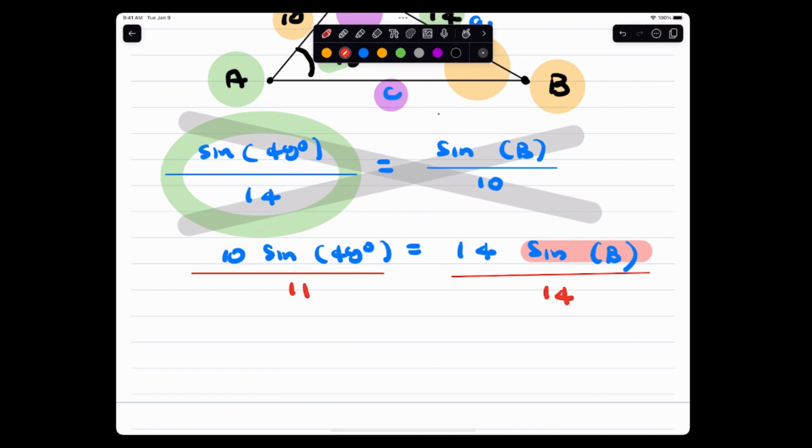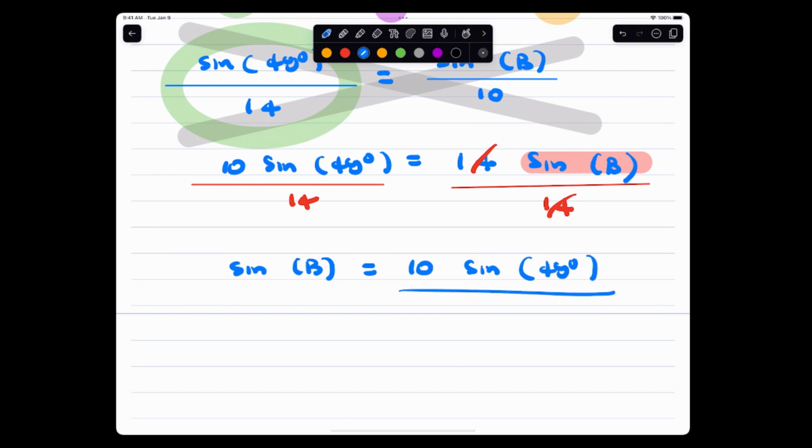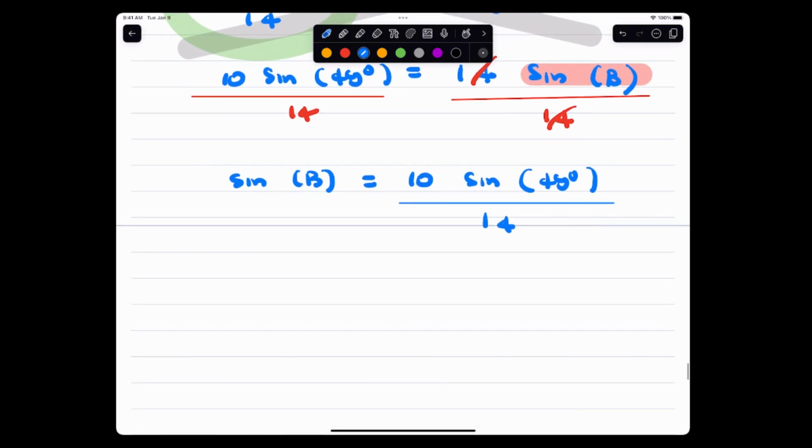You divide by 14, both sides. Gone, gone. And now we can write what? Sine of B is 10 sine 48 degrees over what? 14. Okay, you guys okay with that?